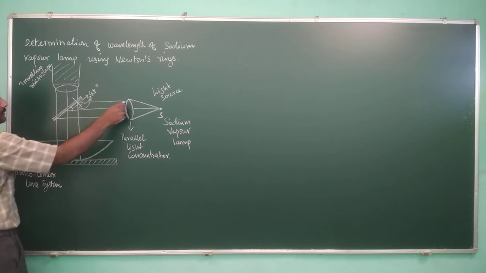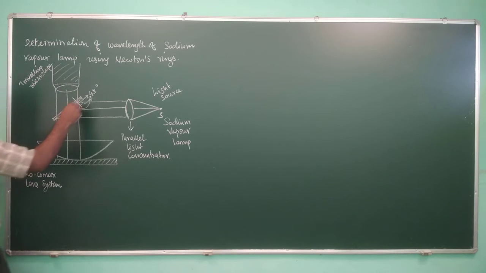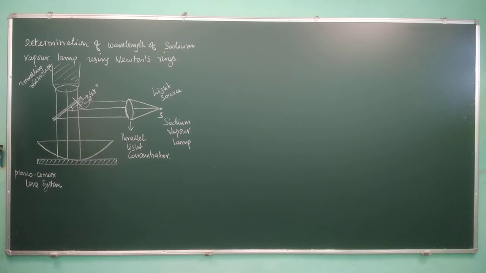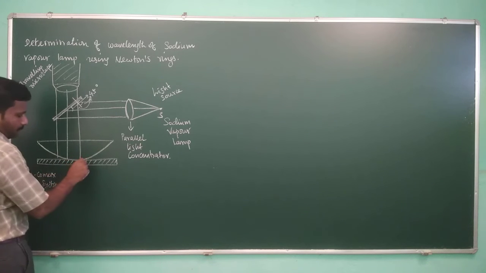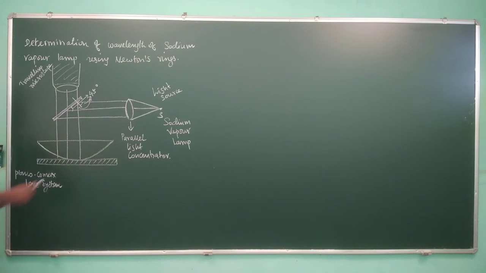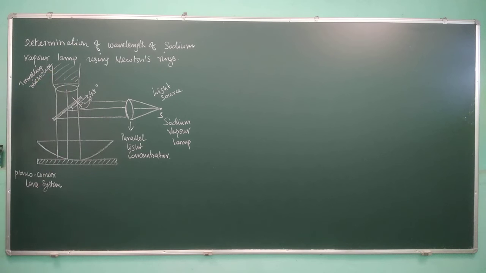So this incoming light ray is diverted by 90 degrees and it travels perpendicular to the plano convex lens system, right? After getting reflected at 2 points, the convex surface and the plane surface, the reflected light ray travels again along the direction of the incoming light ray, and it passes through the mirror, and it is observed in the traveling microscope.